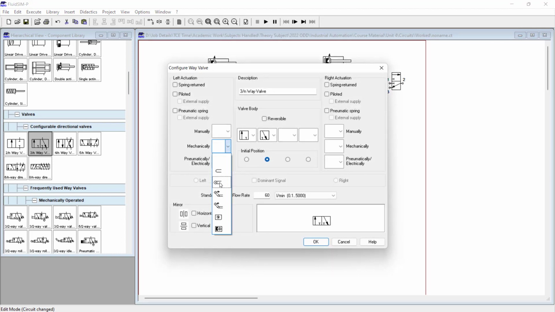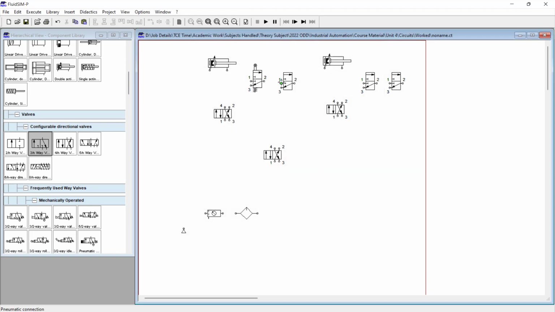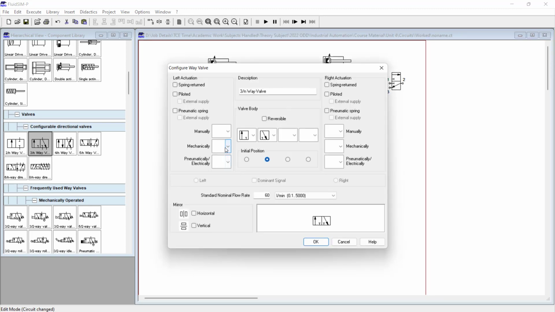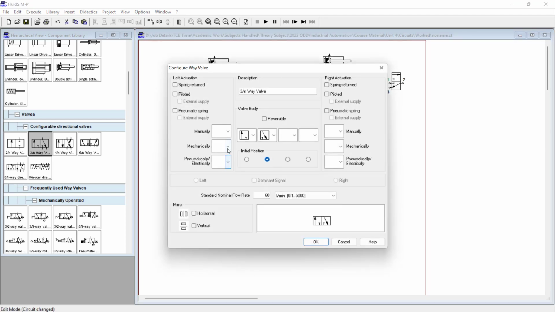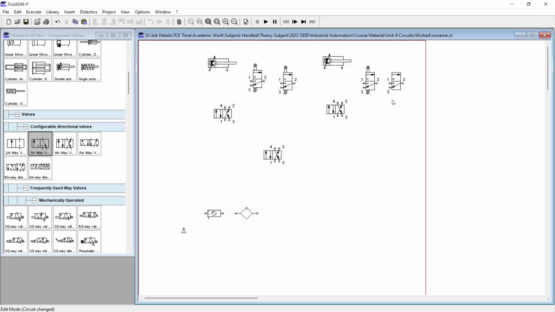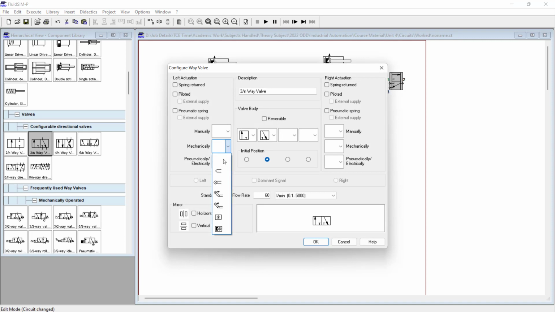On one side I require a roller, a mechanical actuator, and on the other side I require a spring.